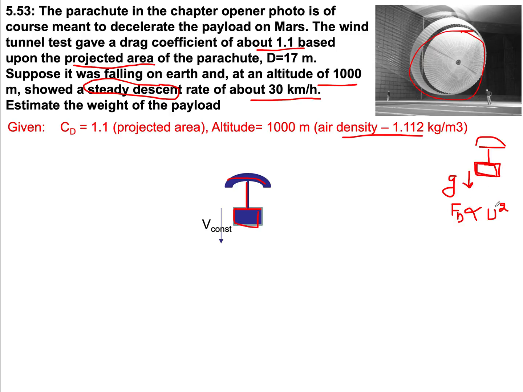But that doesn't really happen. There would be a balance at a certain point. So there's an initial phase of acceleration. It takes maybe 1 or 2 or 3 seconds. And then at that point, you get to a speed where the drag force becomes equal to the weight.